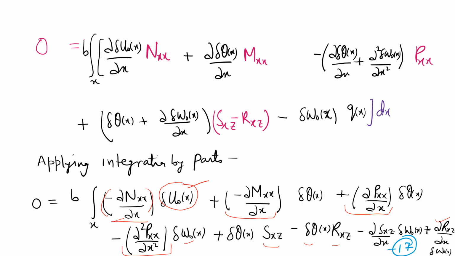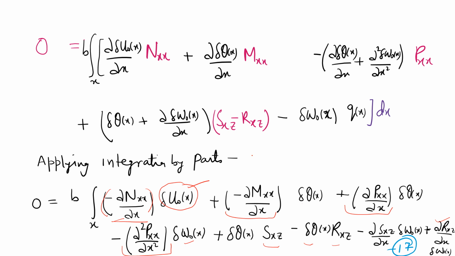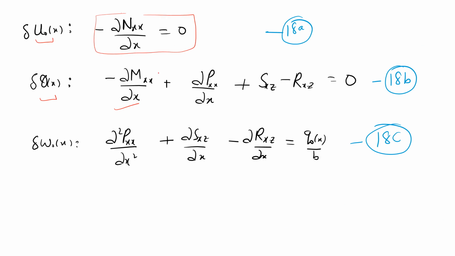Now if we take del of theta x, then we have del Mxx by del x plus del Pxx by del x plus Sxz minus Rxz equals to 0. You can see from here, del theta x is in this part, this part, and this part, so Sxz and Rxz are also there. So all four parts are there.